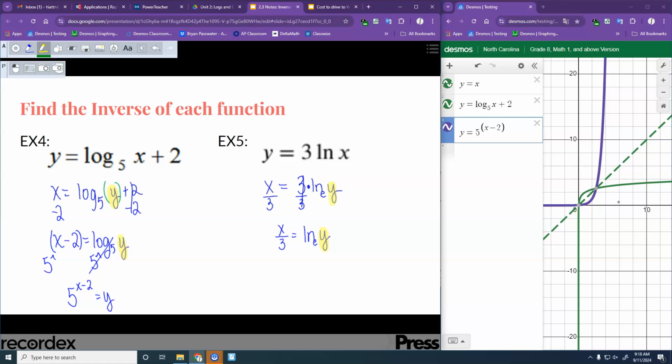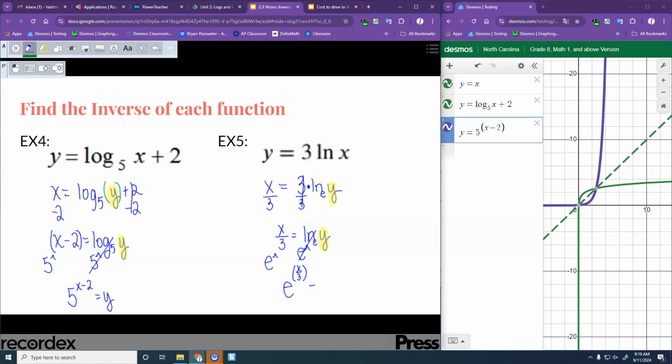And so now, Jeremy, how am I going to get rid of that natural log right there? Not log it, because it's already a log. Raise it, good. So we're going to raise it to the power: e to the power here. I'm going to put some parentheses here just to make sure everybody knows that's the next one.